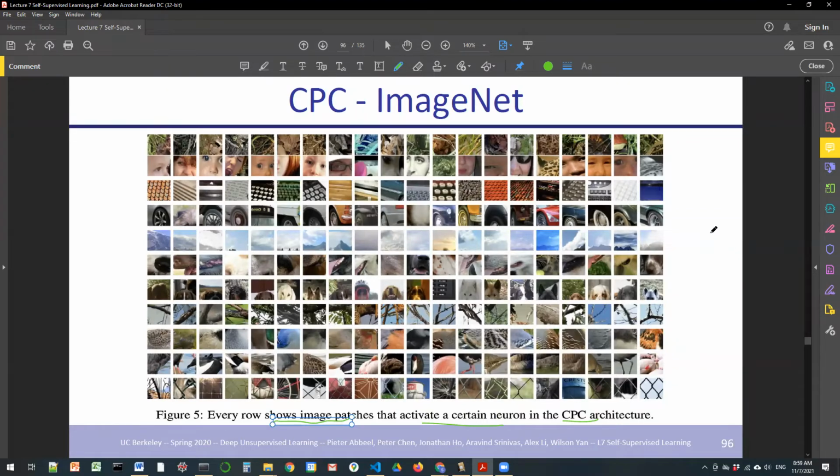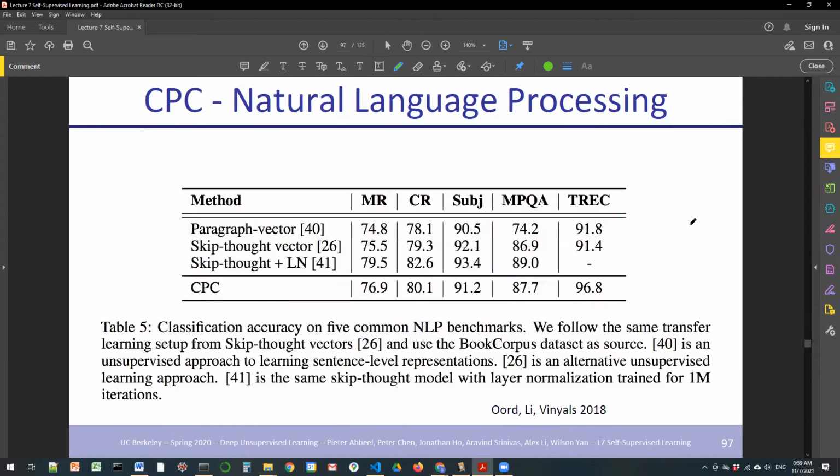Right, and then they discuss, though not in as much detail as audio and image, the next two fields in which CPC is applied, one being natural language. You can again see from a benchmark perspective, with different metrics of comparison and the different methods that they compare against, that CPC is not necessarily the best, because in some cases there are better methods.